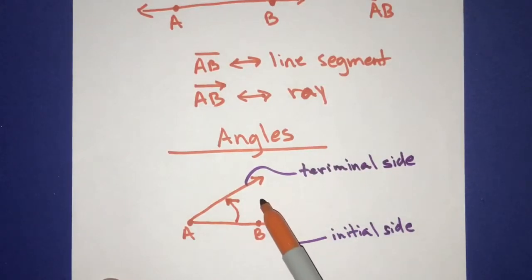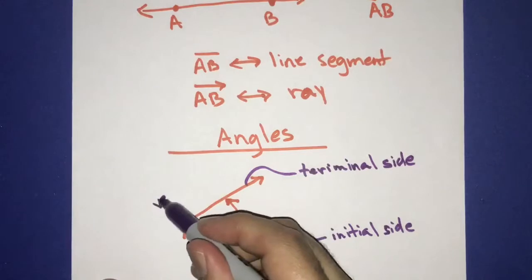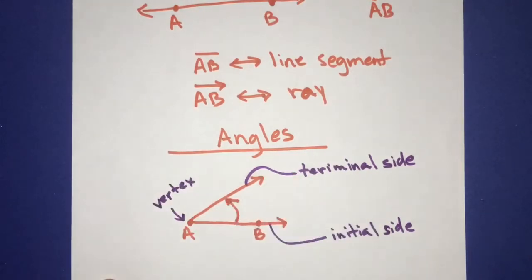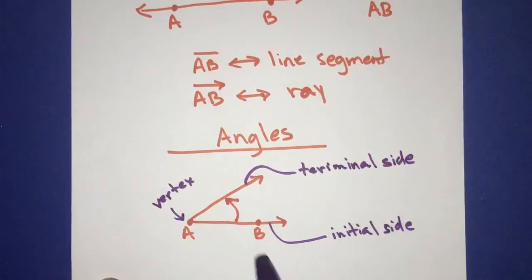And the endpoint of the new angle formed is known as our vertex now. So this is our vertex. Okay. And by convention, these angles can be negative or positive.